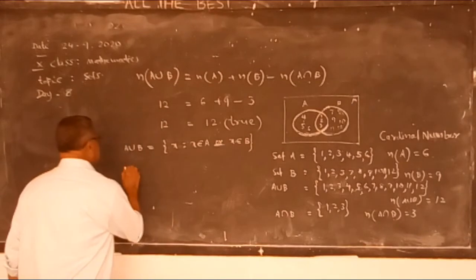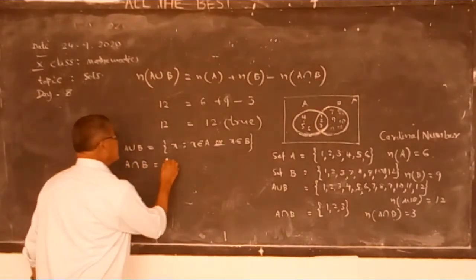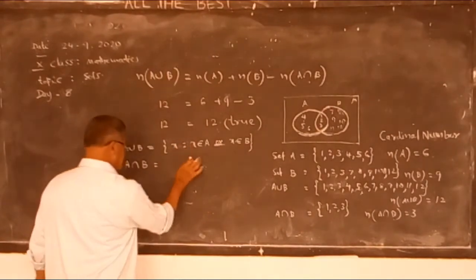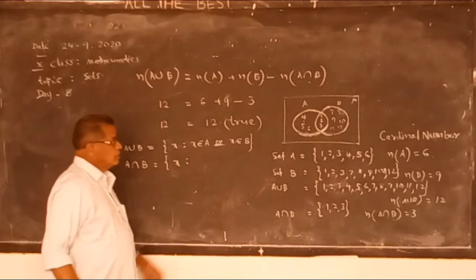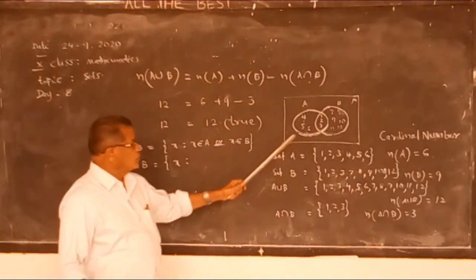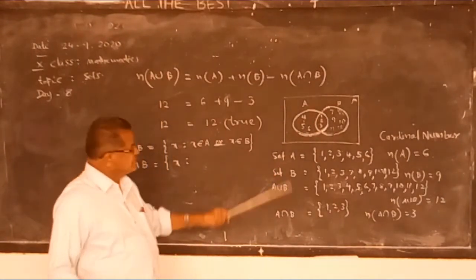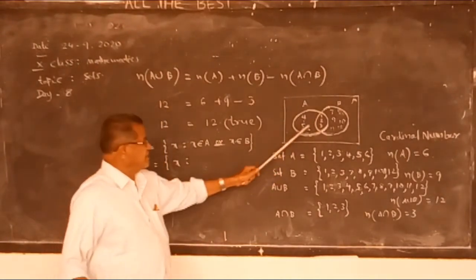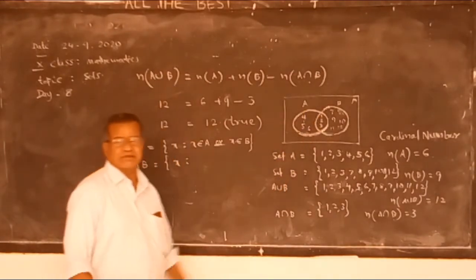Whereas in A intersection B, x is such that x is in the intersection, whose elements are 1, 2, 3. Take one element, 2. 2 is in set A and 2 is in set B, common.